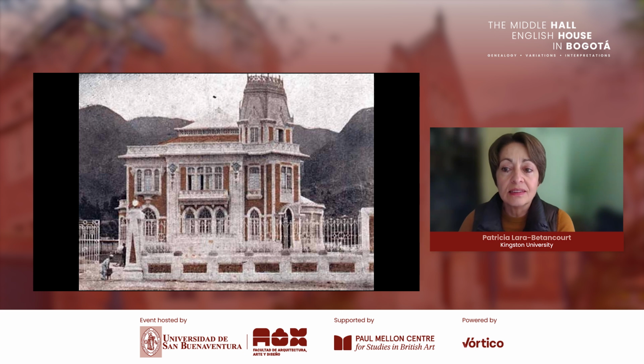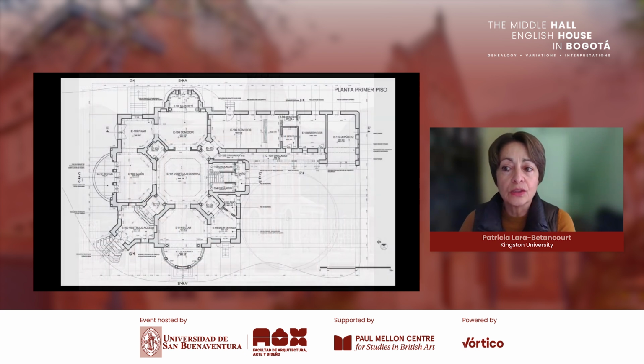Surrounded by its garden, this new house model completely abandoned the colonial plan and its patios, adopting instead a plan based around a large hall. In the plan for Villa Adelaida, the ground floor shows the strategic location of the hall, a large double-height space connecting the social areas and the main staircase.